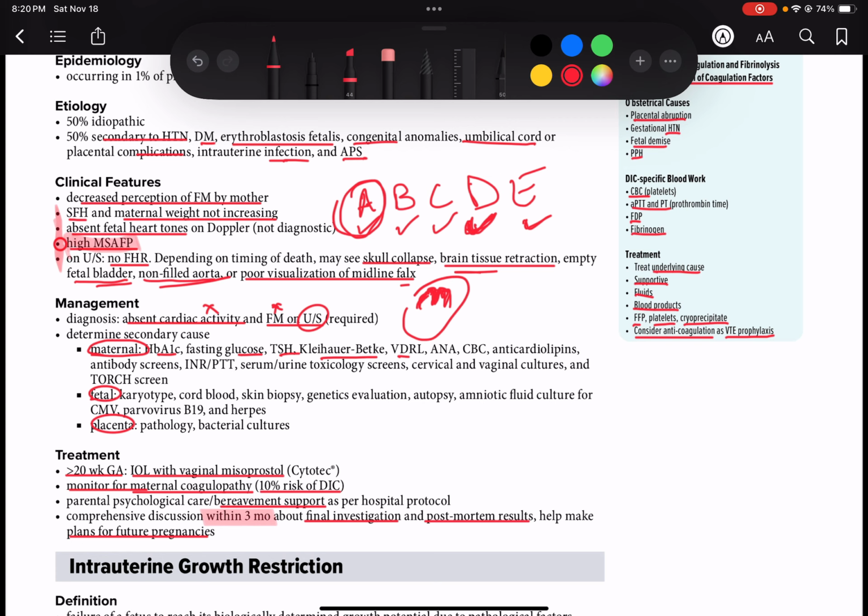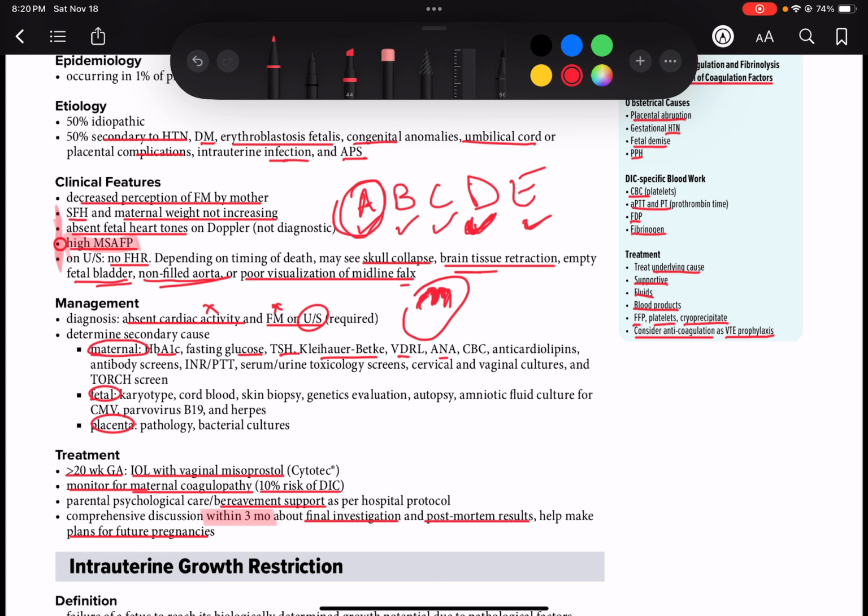So you would go for HbA1c, glucose, TSH, Kleihauer-Betke test, VDRL, ANA, CBC, anticardiolipin antibodies, INR, PTT, urine toxicology screens, cervical and vaginal cultures, and heart screens.